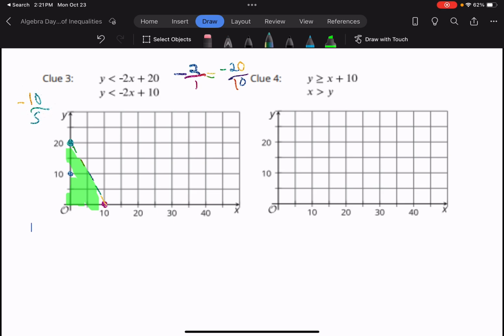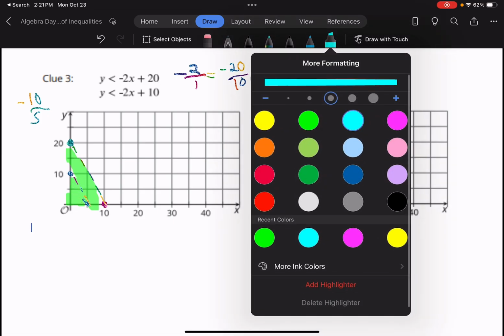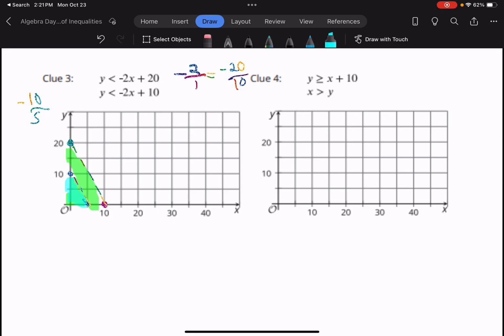That might be easier to count here. So down 10 over 5. It's going to look something like that. This will also be a dotted line, and it's less than. So we're looking at this part right here. That's where it overlaps, that very tiny triangle there.